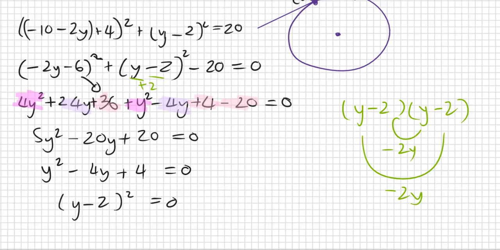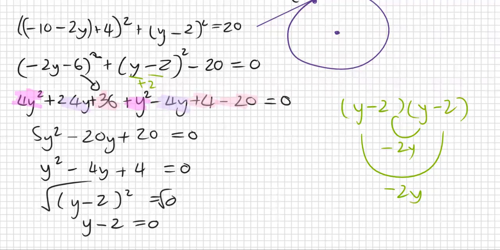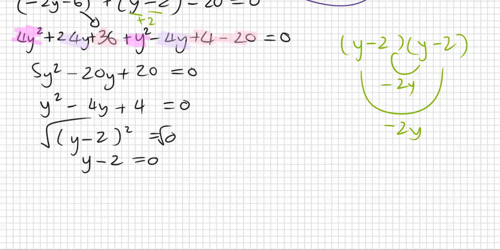And we square root both sides. Y minus 2 is equal to 0. Just be careful here. This would be positive or negative if you add your own square root. So this could be positive or negative. So positive y minus 2 therefore equals 0.